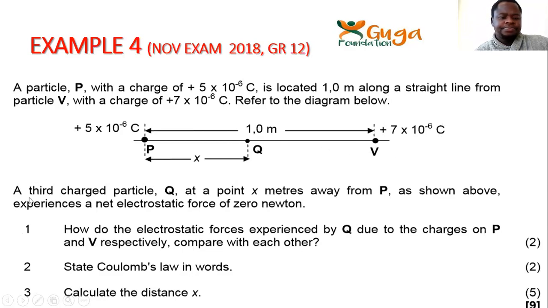Okay, now a third charged particle Q. So here you've got the particle Q at a point which is x meters away from P. So from P to Q, we've got a distance of x. It experiences a net electrostatic force of 0 Newton, 0 N.